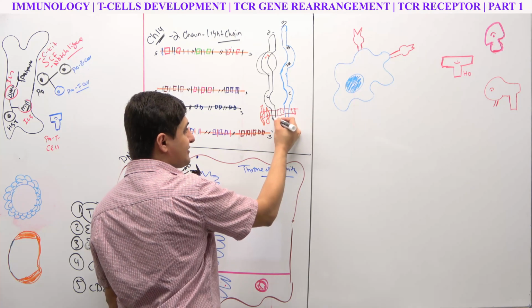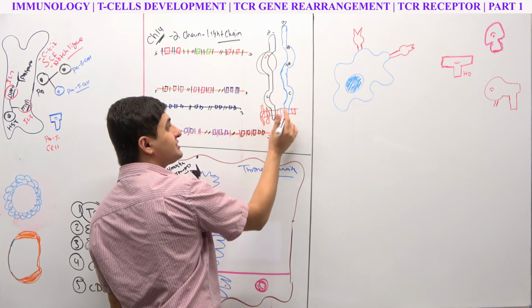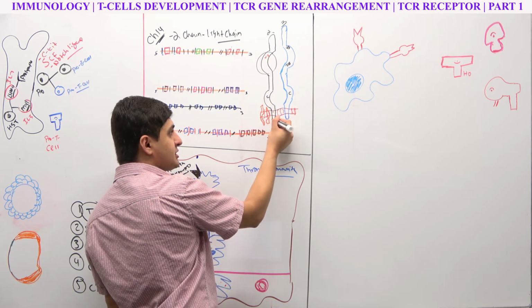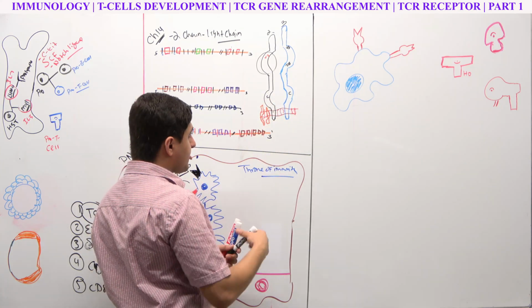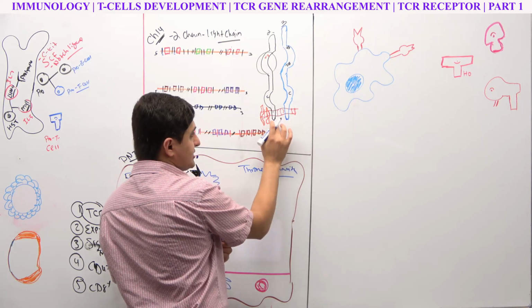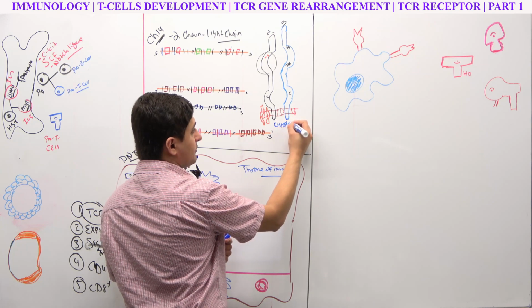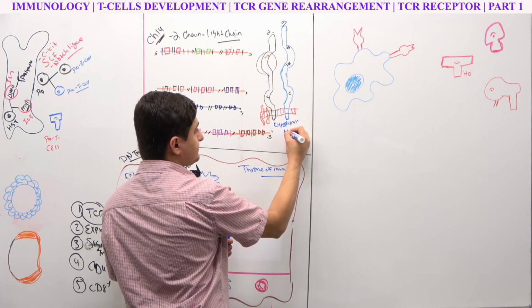Then you also have this tail that is passing through, because this part is located outside of the plasma membrane and this part is located inside the plasma membrane, facing the cell. We call it the cytoplasmic tail, if you want to remember this.